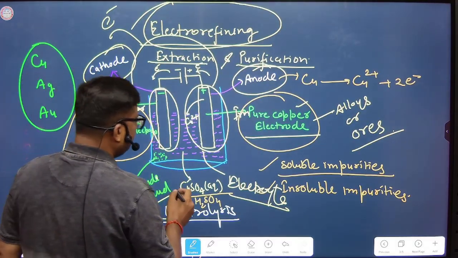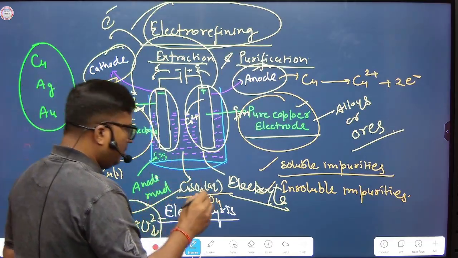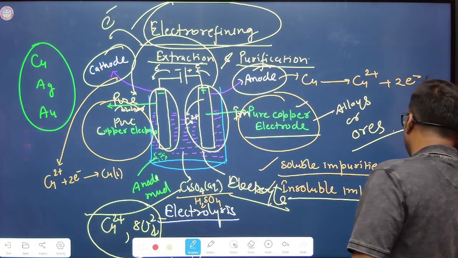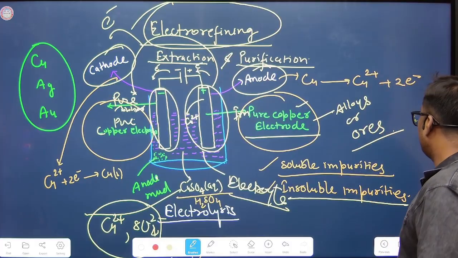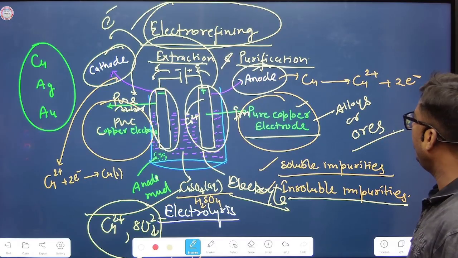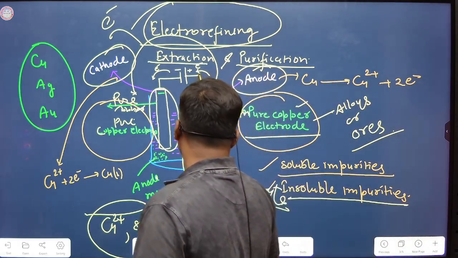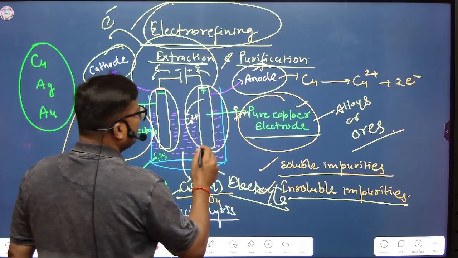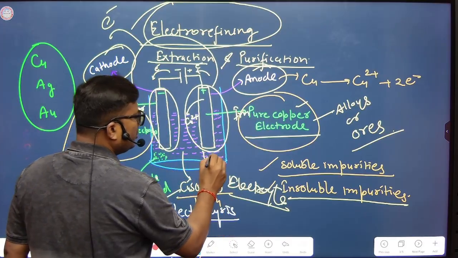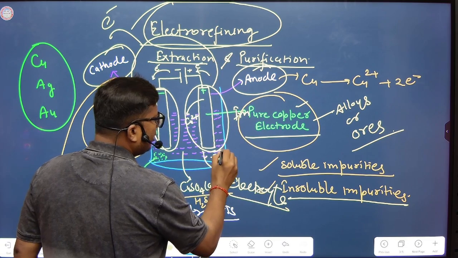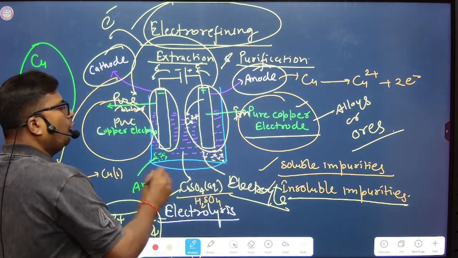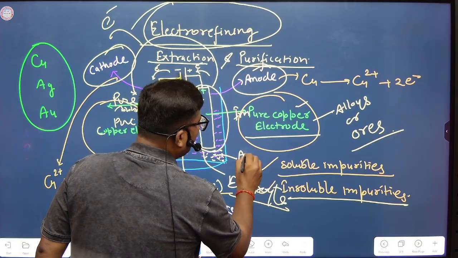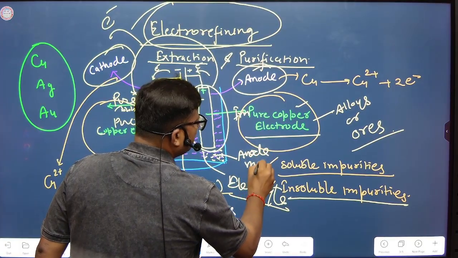So what happens? There will also be some insoluble impurities. These insoluble impurities may be deposited at the bottom of the container, towards the anode. Here this kind of impure material is deposited at the bottom. It is called anode mud, right?